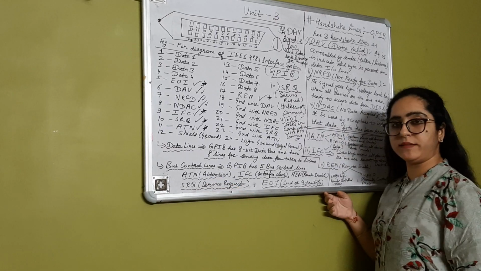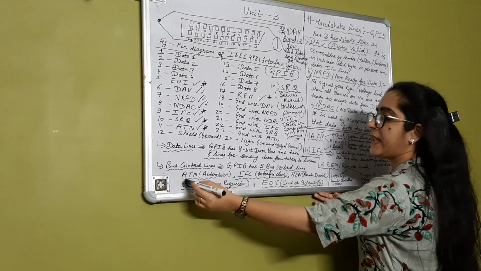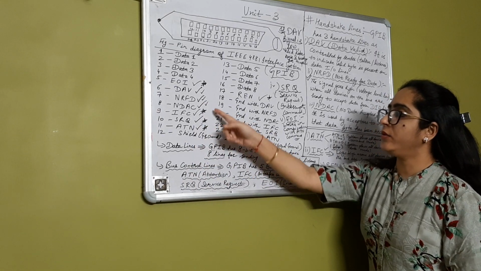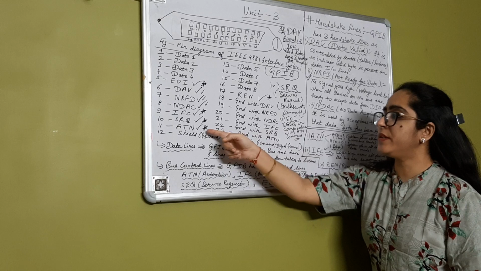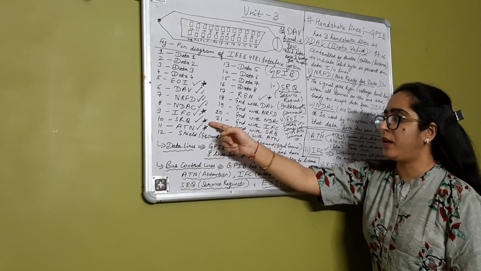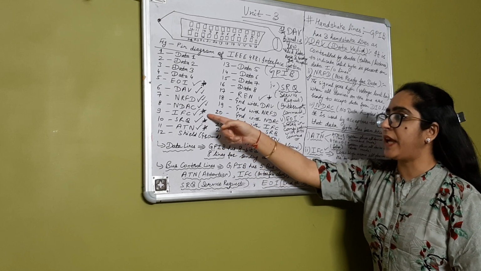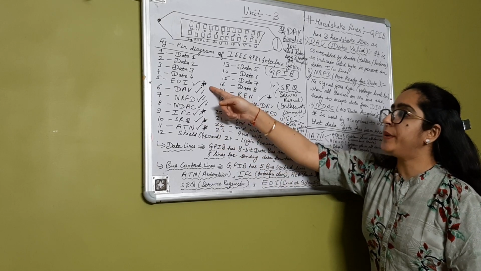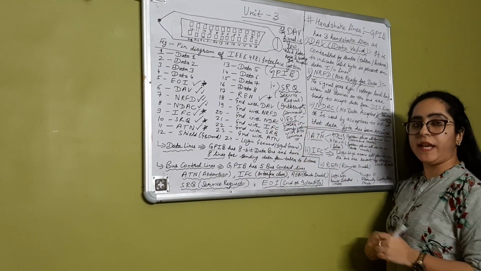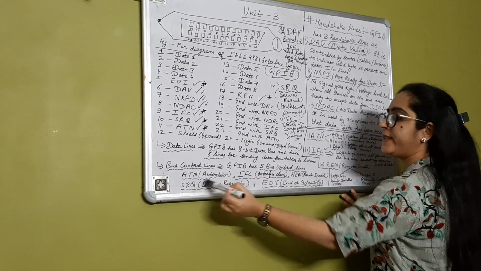Let's see one by one their operation. What are these lines? I have marked them with a star on those pin numbers. Pin number 11 is ATN, pin number 10 is SRQ, service request, pin number 9 is interface clear, pin number 5 is EOI, and pin number 17 is REN.